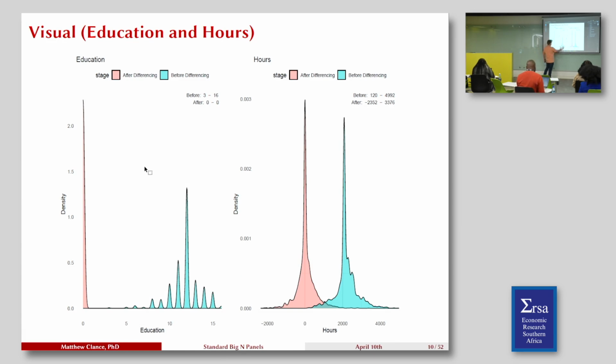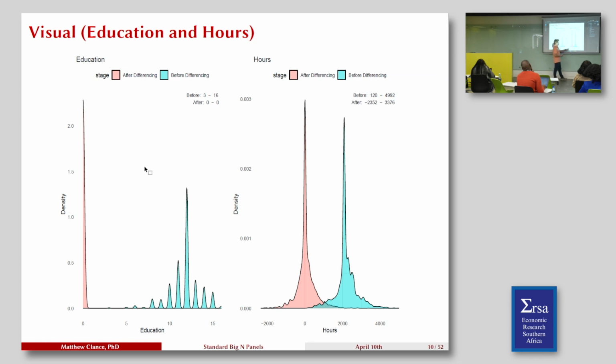Before we actually difference, this would be how education looks across our sample. After I difference, because I'm looking at people that are already out of school, it's gone. Everything is 0. It makes no sense to use this method particularly for that type of outcome.